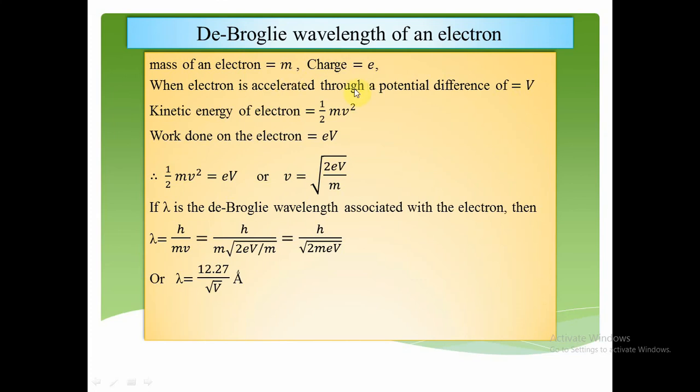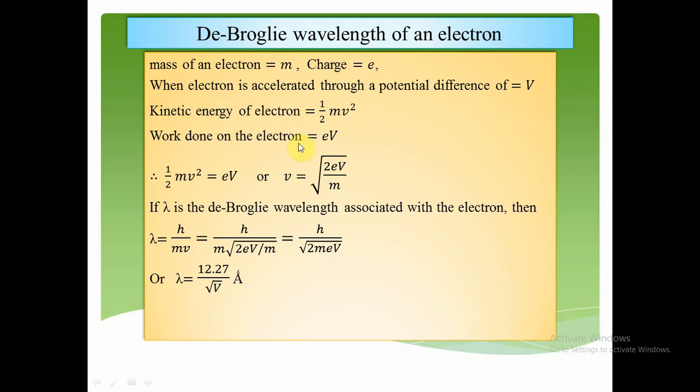Then the kinetic energy of the electron is given by half mv square, where m is the mass of the electron and v is its velocity. The work done on the electron is given by eV, where V is the potential and e is the charge of the electron.